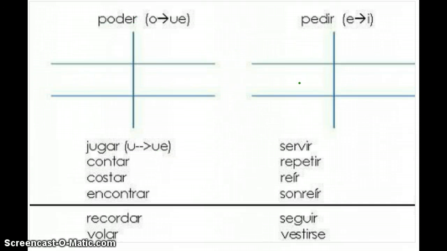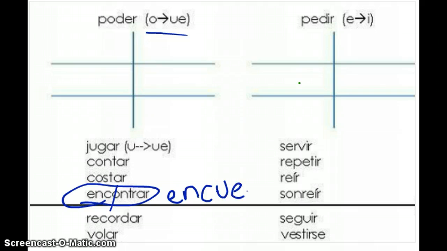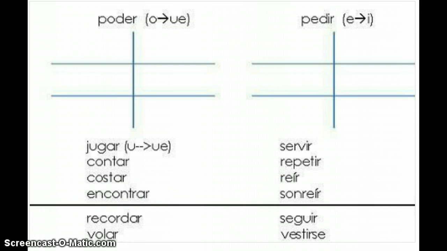Alright, moving on. So now I've got my O to UE verb. So let's go with encontrar. And I'm going to change that O to a UE. So encuentr. And then I'm going to add encuentro, encuentras, encuentra, etc. Excuse me.